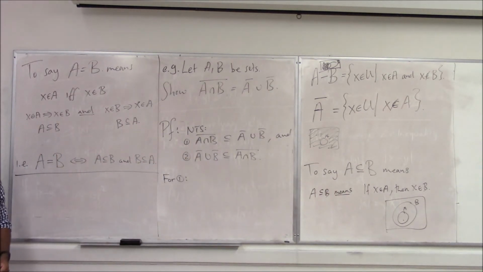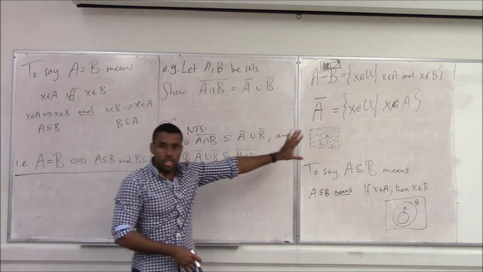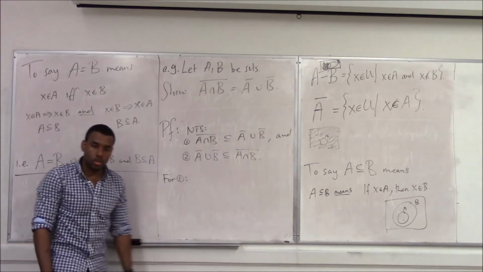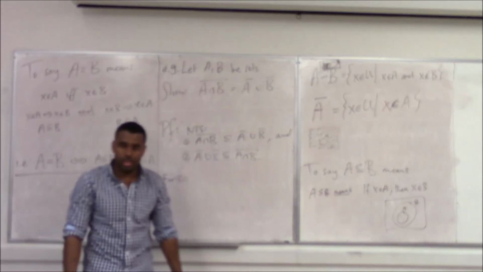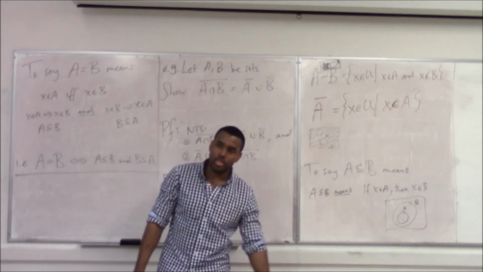Just because we haven't done proofs with sets yet, are you allowed to use Venn diagrams in proofs? No. Venn diagrams are just for yourself. Pictures don't constitute proofs. They can give you an idea or an indication if something can work out, but you can't draw a picture and say that's the proof. That's not a thing. Pictures don't have truth tables.